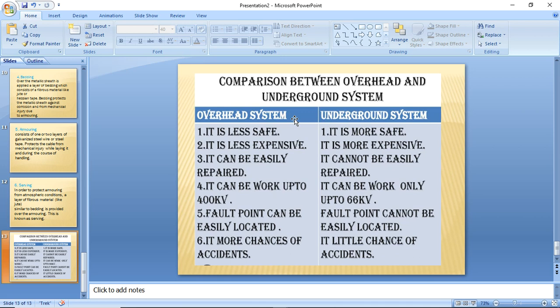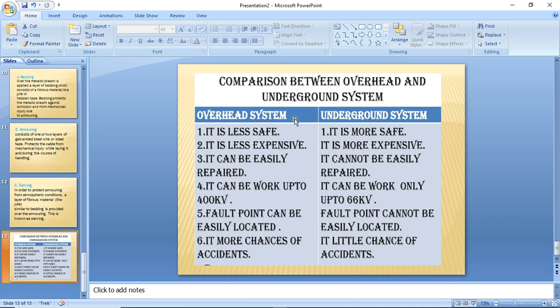Overhead can be easily repaired, but underground cannot be easily repaired because you have to troubleshoot to find where the problem is, and the cable is under the ground, so it will take time to know where the problem is.